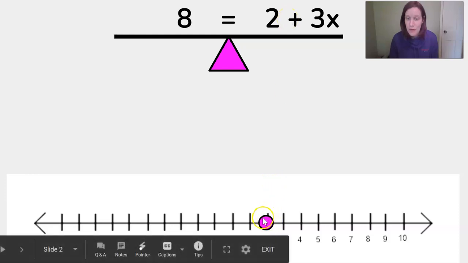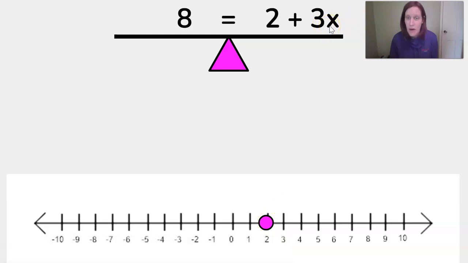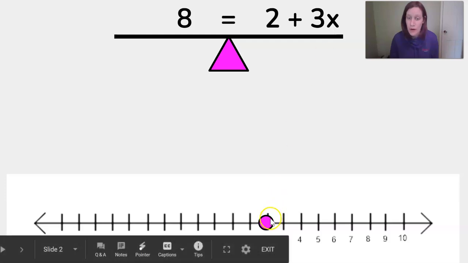So I put that 2 down here on the number 2, and if I want to get the x by itself, what we're really doing is getting that 2 to the 0. That means I want to move it over 1, 2 places to the 0.